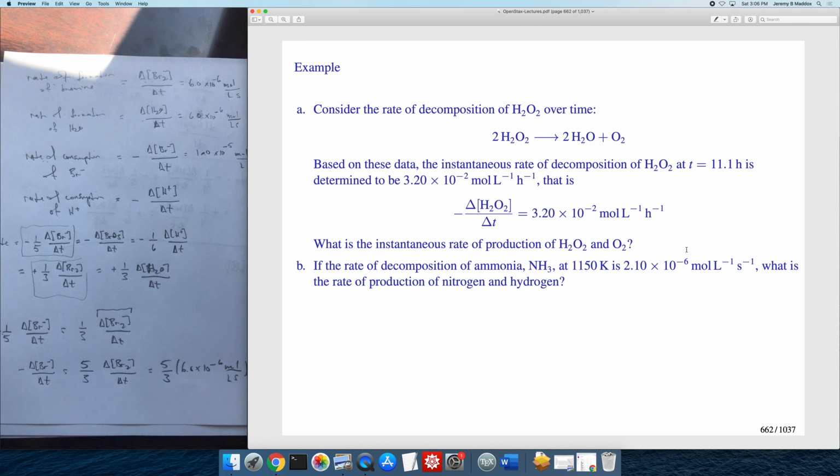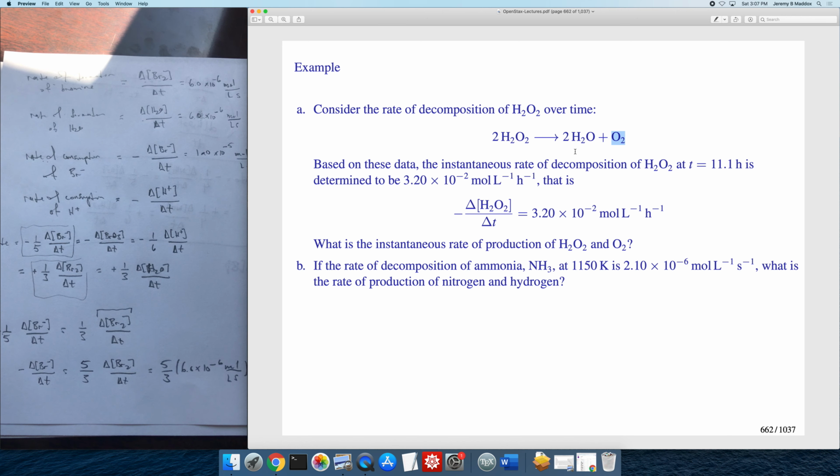This problem here is identical to that. Okay, so they give you the instantaneous rate of decomposition of hydrogen peroxide at a particular time. It has this value. Okay, so here's what they mean by that. This is the rate of decomposition of hydrogen peroxide. It has that value. Then they want you to calculate the rate of production of the water and the rate of production of the oxygen.